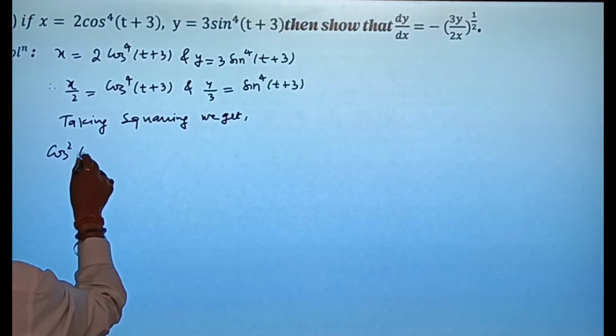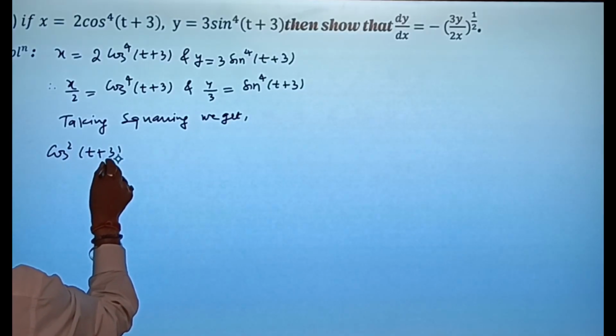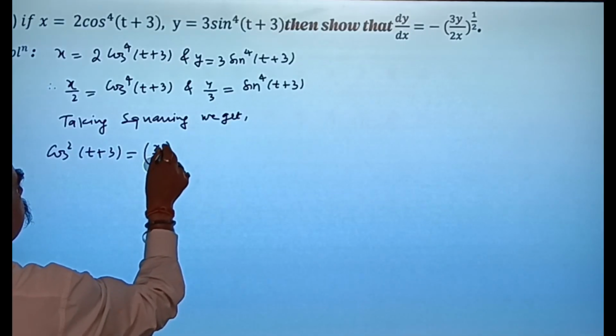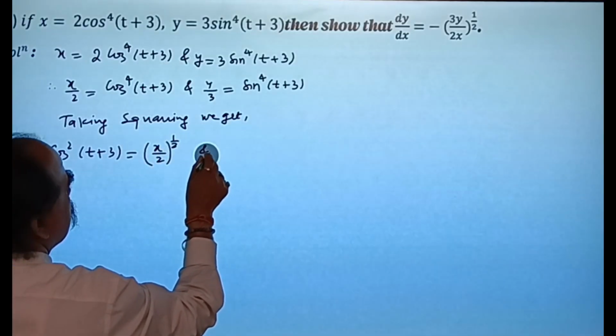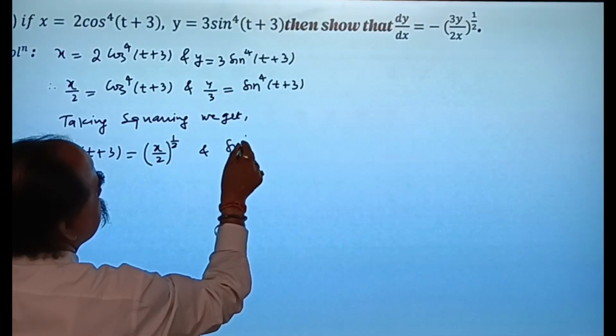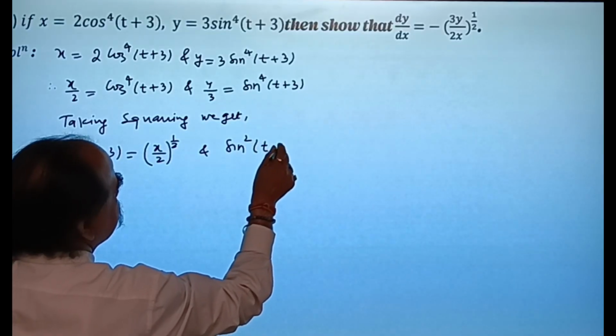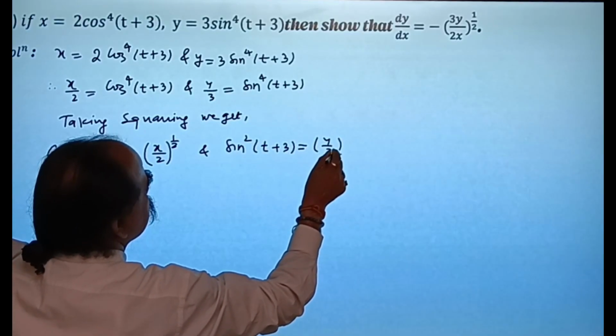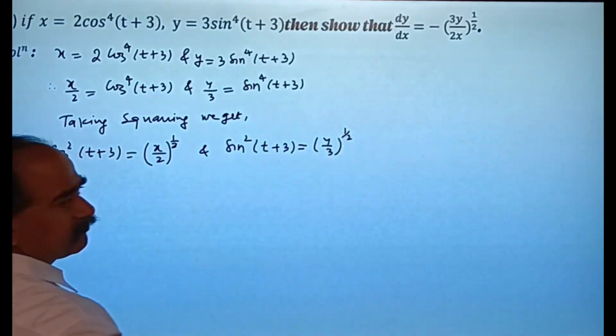So cos square t plus 3 is equal to x upon 2 raised to half, and sin square t plus 3 is y upon 3 raised to half.